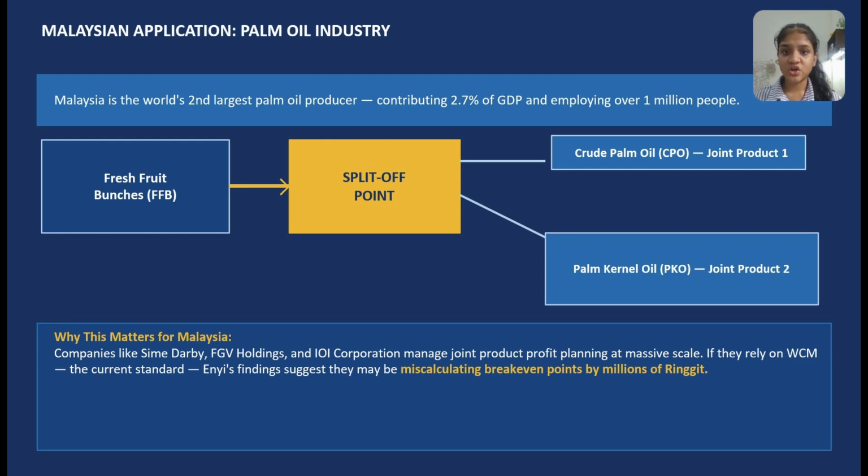In an industry contributing 2.7% of Malaysia's GDP, even a small miscalculation can translate into millions of ringgit in poor decisions. This is precisely why this research is not just academically interesting, it has real practical implications for Malaysian industries.